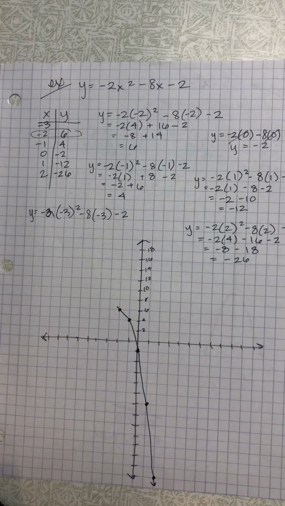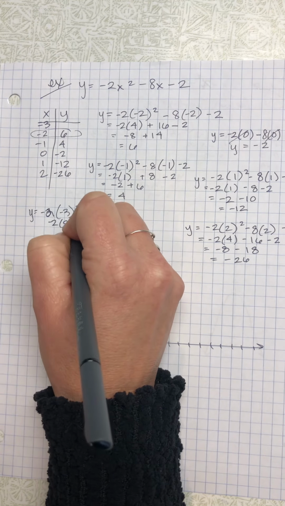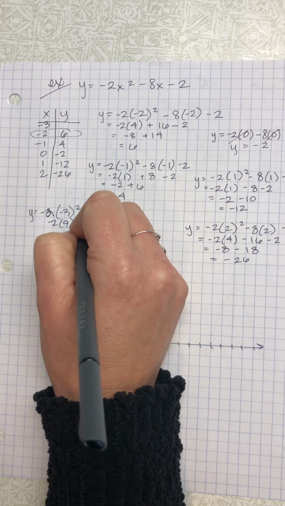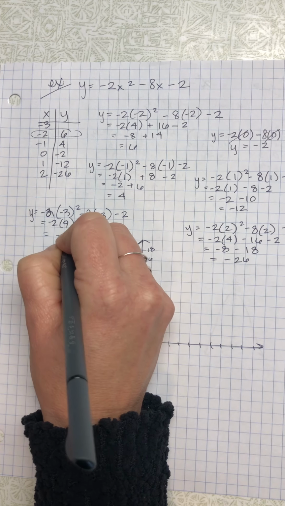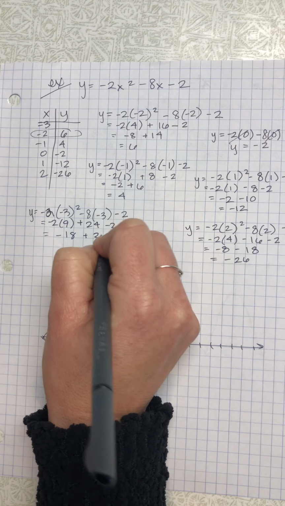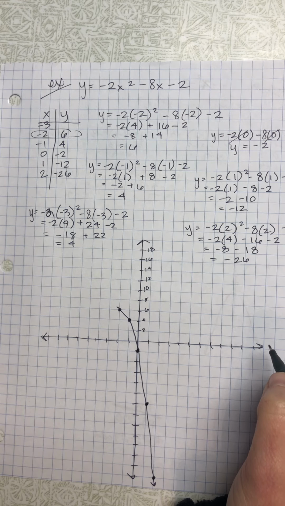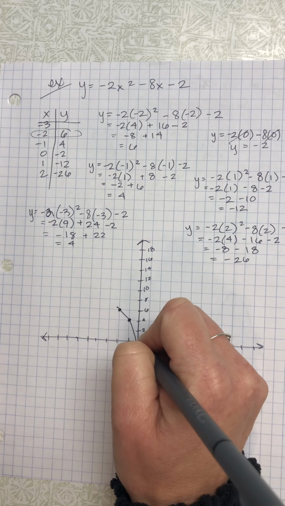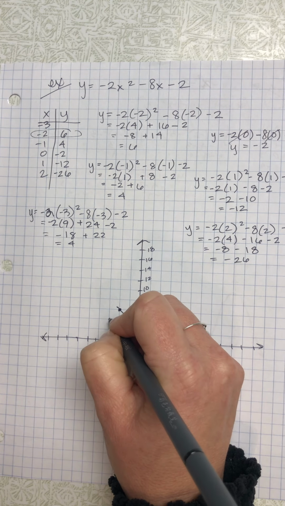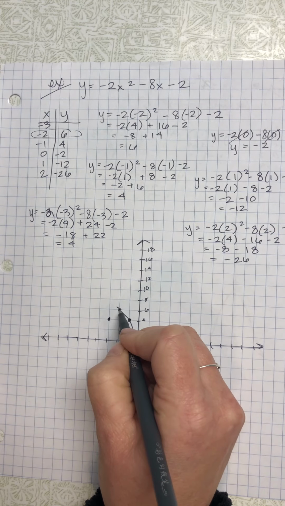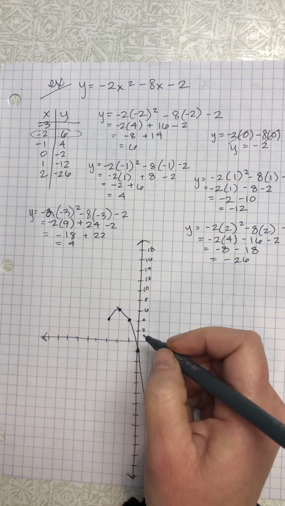If we substitute in, our math will look like -2 times 9 plus 24 minus 2, which is -18 plus 22, which is 4. So -3, 4 means that this is our vertex here, and we're coming back around. So where these are will be our other side, okay?